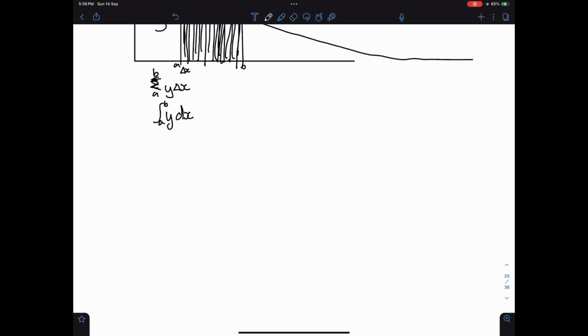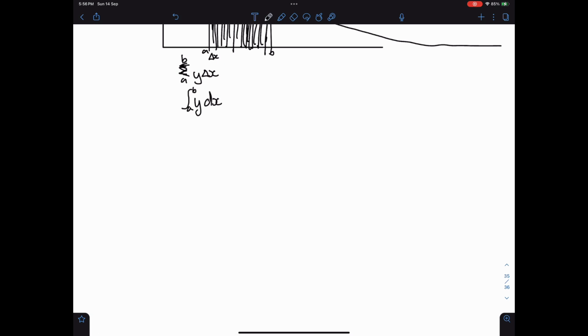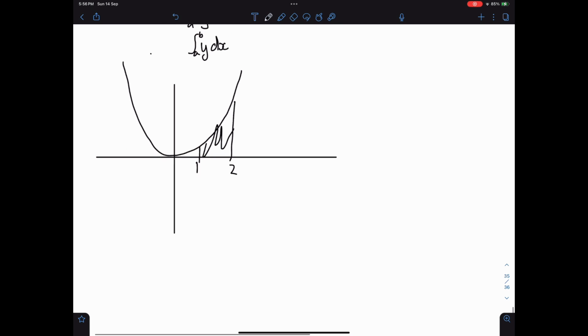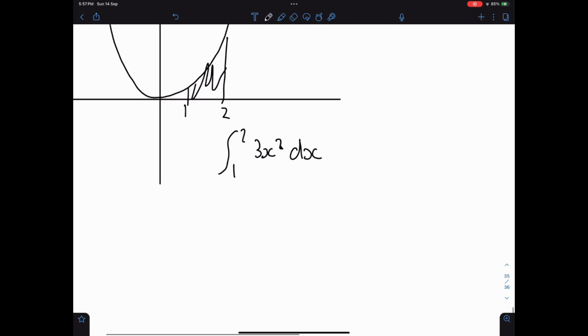So 3x squared, and the distance between 1 and 2 will be equal to the definite integral between 1 and 2, 3x squared dx.